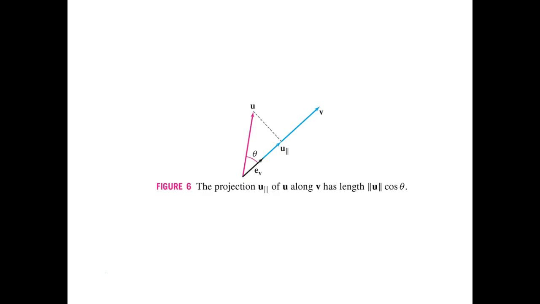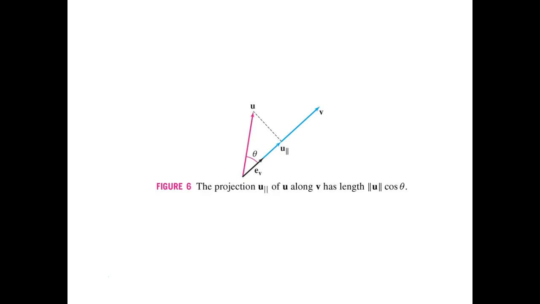Now, they tell you here that the projection of U onto V has a length of the magnitude of U itself times the cosine of this angle.